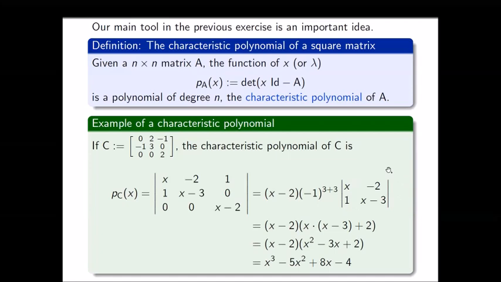And it's a 2 by 2 matrix. You know how to compute its determinant. It's (x minus 2) times (x minus 3) plus 2. And the rest is just multiplication, and we get x cubed minus 5x squared plus 8x minus 4.